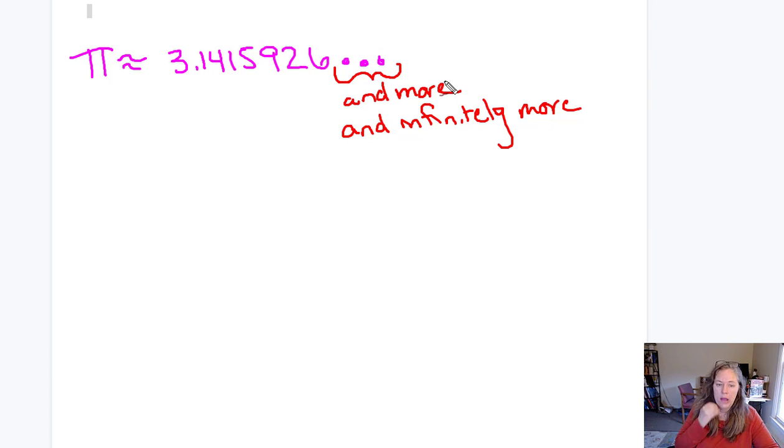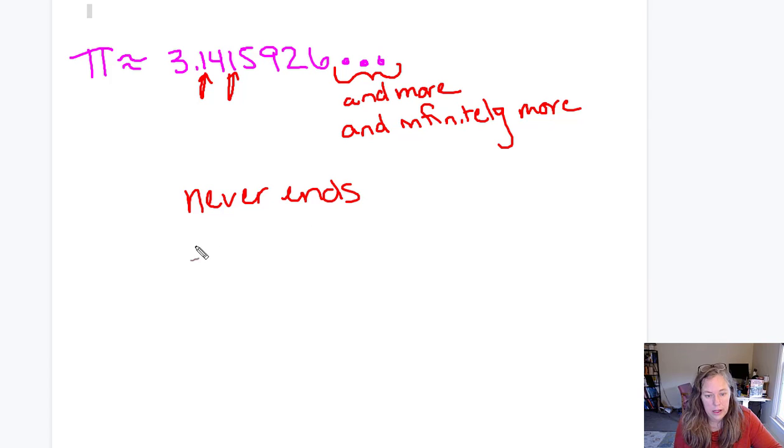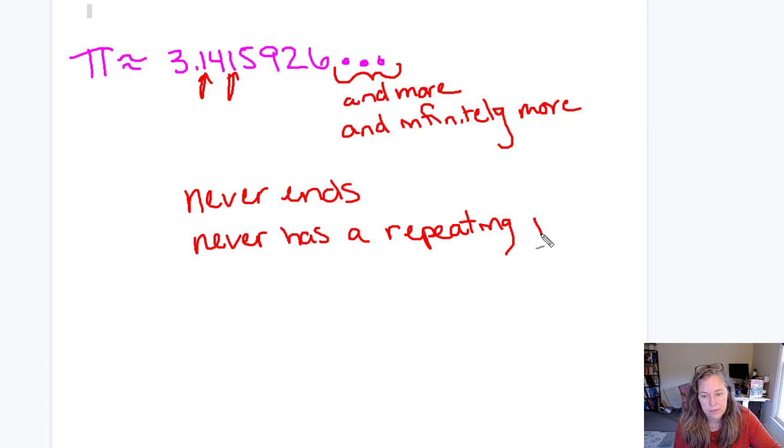Okay, so yes, some digits repeat. We have a 1 here, and we have a 1 here. All of the digits are going to repeat, but it never ends, and it never settles into a repeating pattern.